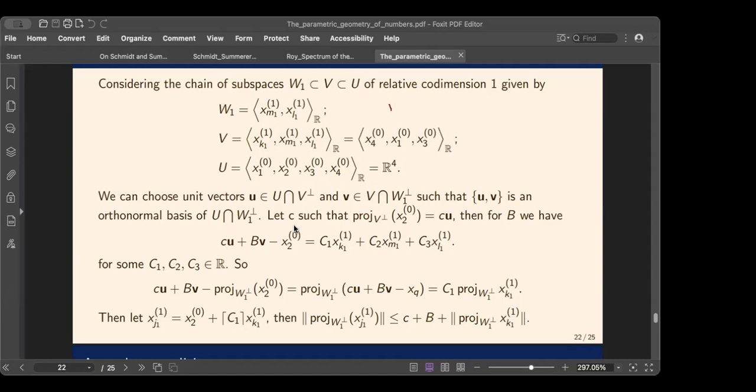So if we let xj1 equal x2 plus C1 times xk1, then the projection has an upper bound by c plus b plus the projection.